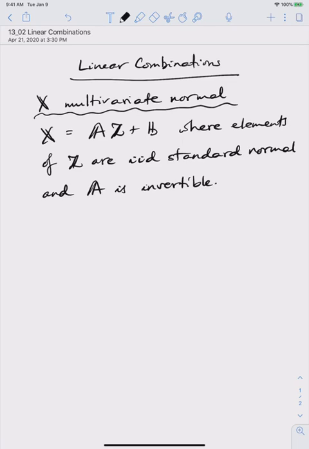If X is multivariate normal, then it's an invertible linear transformation of an IID standard normal vector. It follows then that if you take a linear transformation of X, then that is also multivariate normal.